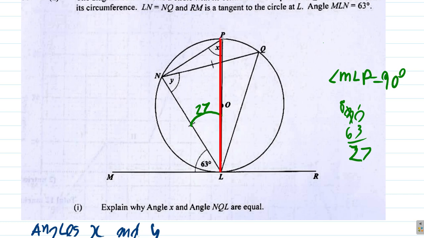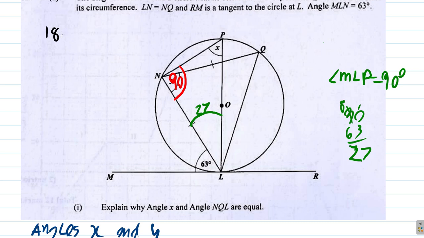This is the diameter. Do you remember what the angle is that is subtended by the diameter at the circumference? It is always 90 degrees. It's 90. All right? Always 90 degrees.